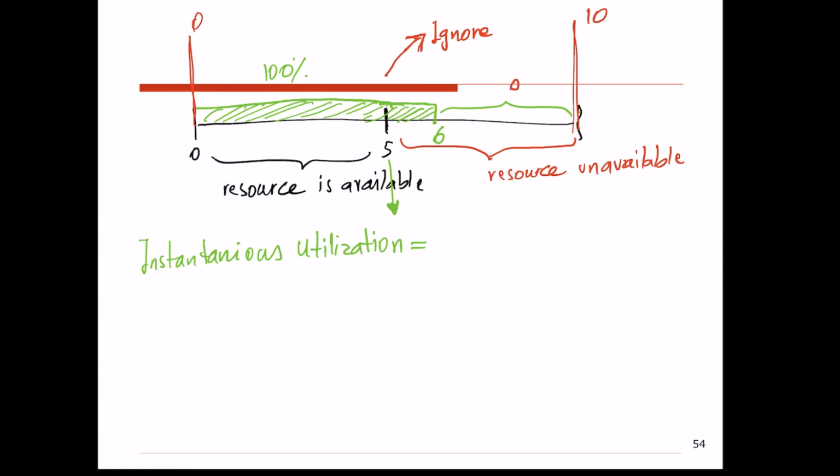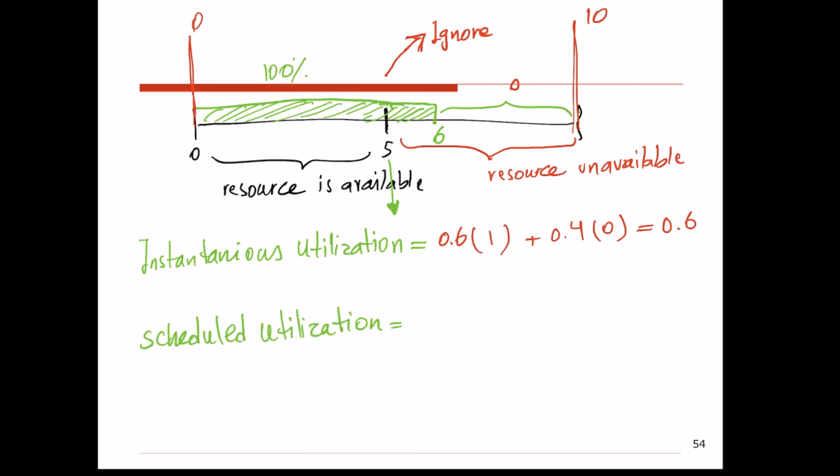So the utilization of 100%, or 1, multiplied by 0.6, which is 60% of the time for which we have run the simulation, and for the other 40% of the time the utilization is 0. So the utilization of this resource will be 0.6 at the end of the day if we report instantaneous utilization. But let's see how we can calculate the scheduled utilization.